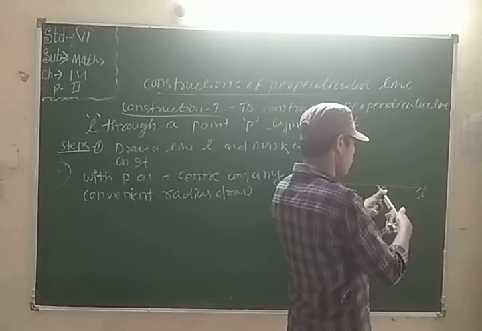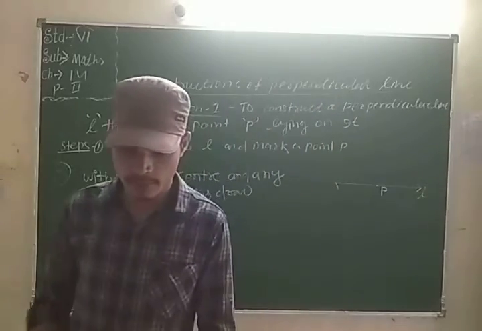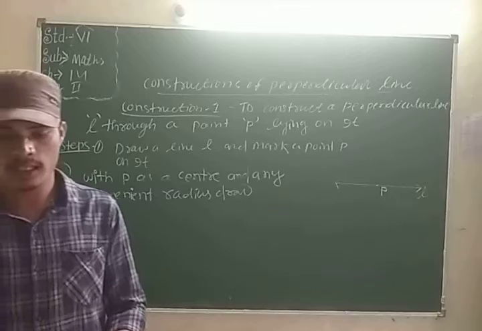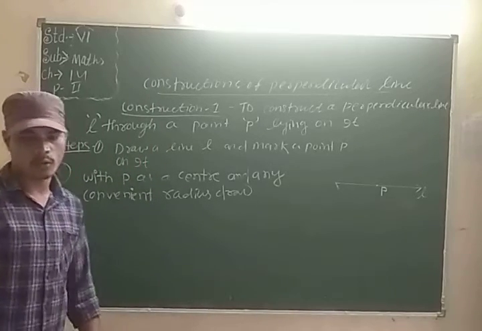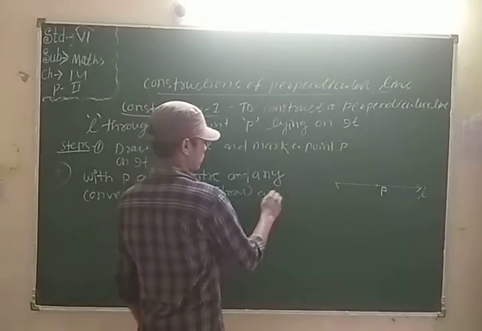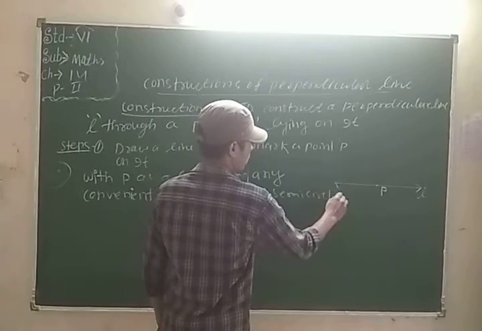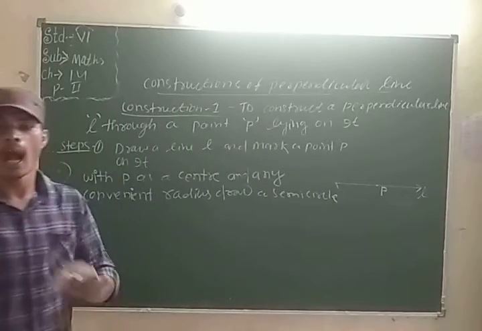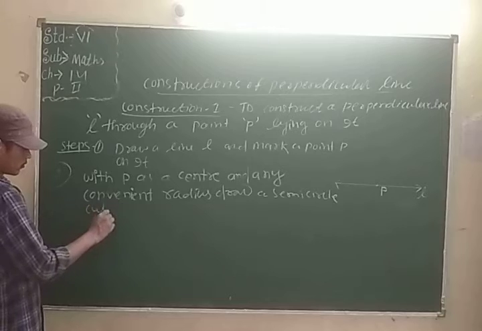We can draw a radius from P, any radius. Then draw a semicircle. Semicircle means half of a circle.